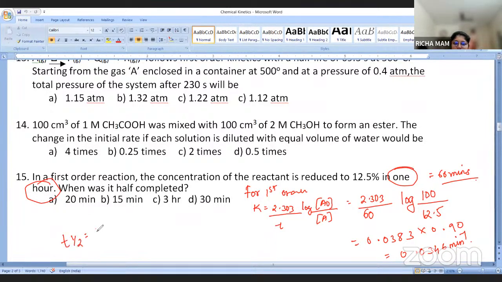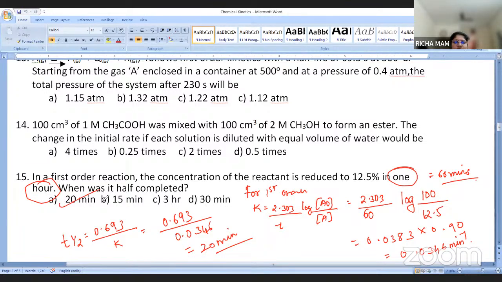T half is equal to 0.693 divided by K. So 0.693 divided by 0.0346 gives 20 minutes. So it was half completed in 20 minutes.